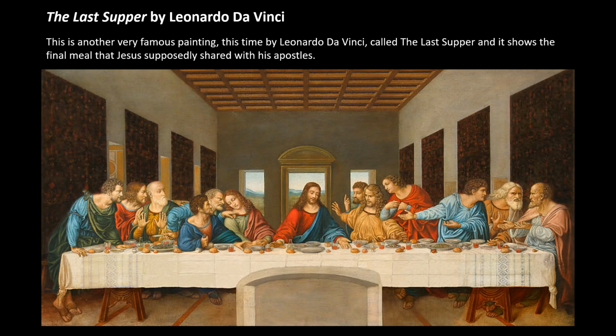Here's another painting you might recognise. It's called The Last Supper, and it's by Leonardo da Vinci, and it shows the final meal that Jesus supposedly shared with his apostles. Now, lots of mystery has surrounded this painting, but do you spot anything else slightly unusual?